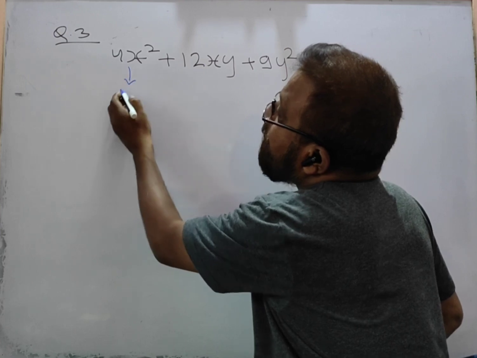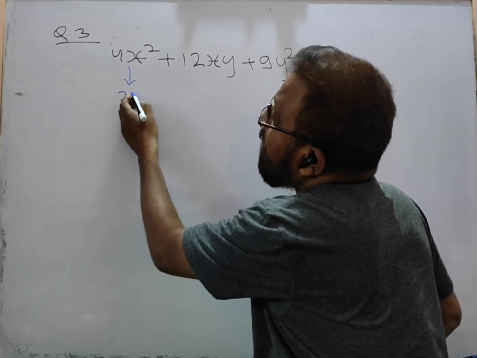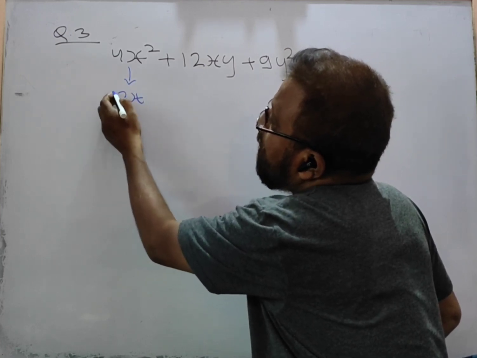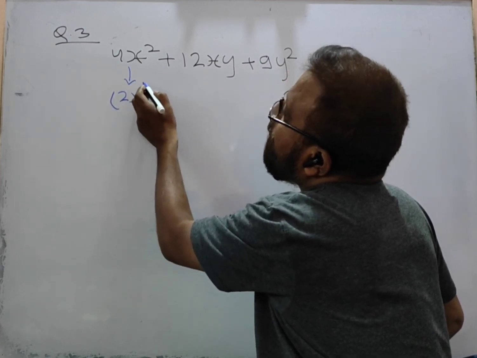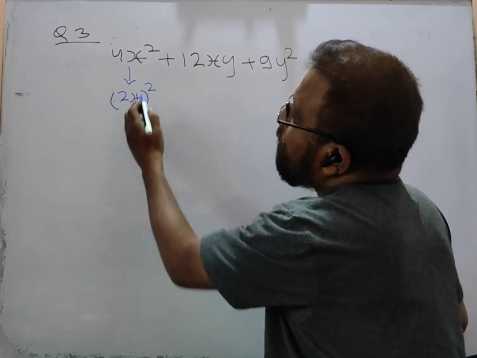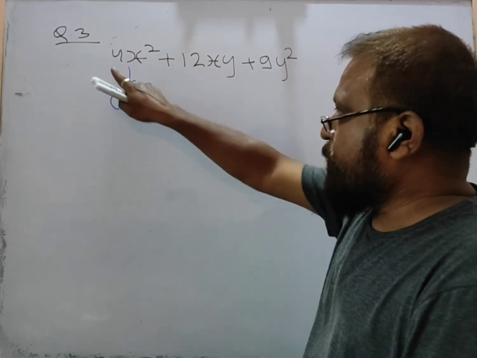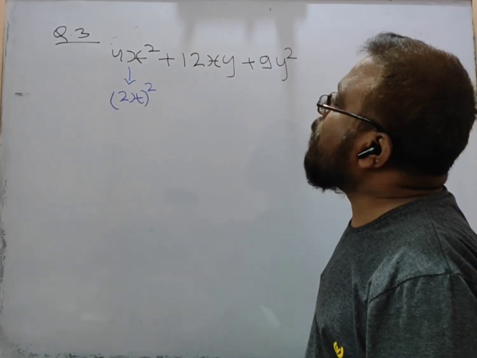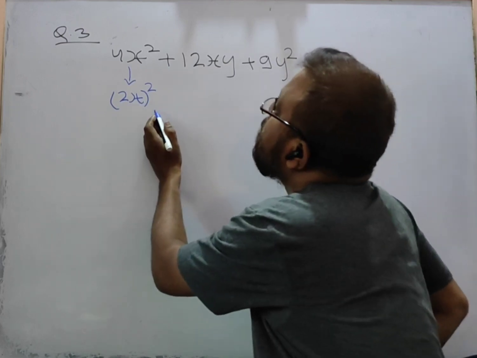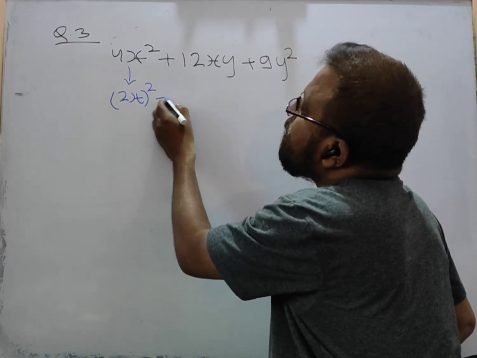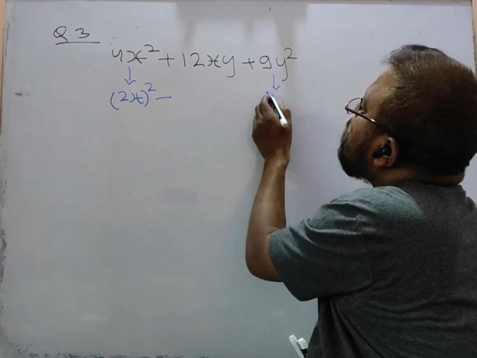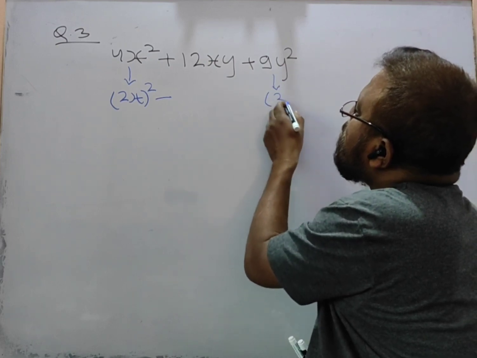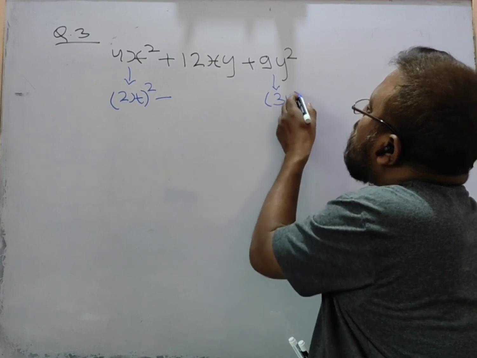This will be 2x whole square, plus 3y whole square.